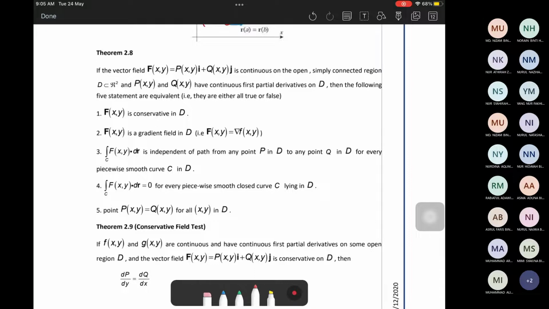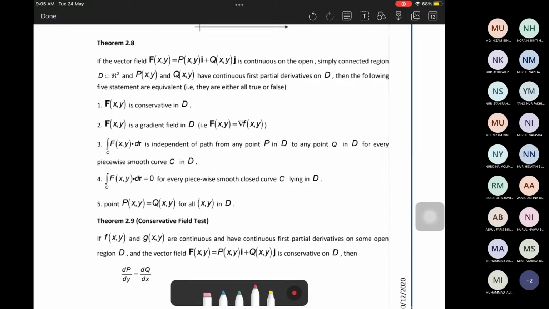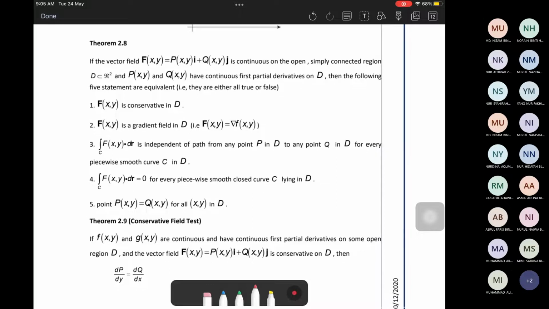Number one, F is conservative in D. If F is conservative in D, then F(x,y) is a gradient field in D, iaitu F(x,y) equal to del operator f. Okay, jadi from the first statement dia kata F is conservative, then we can say that F(x,y) is gradient field in D, where F(x,y) is equal to del operator f(x,y).